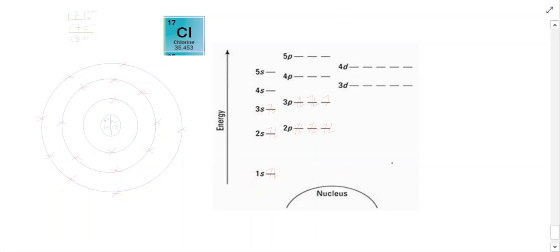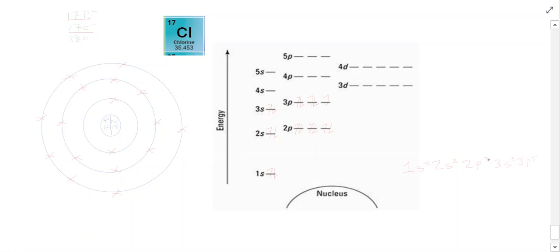So it's going to be 1s2, 2s2, 2p6, 3s2, and then we have this one here, which is 3p5.